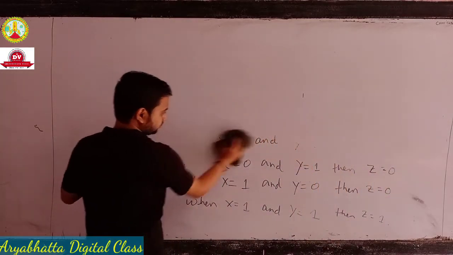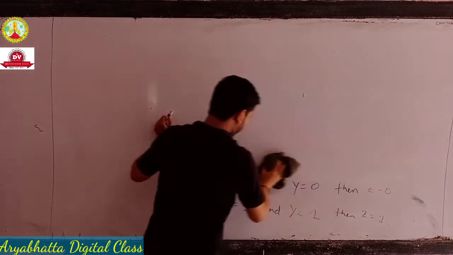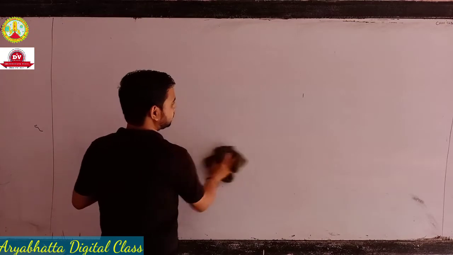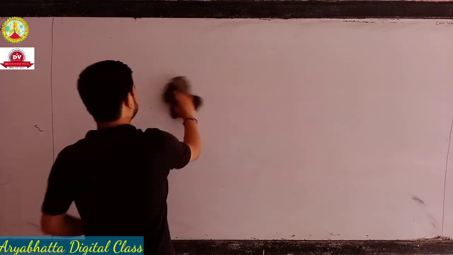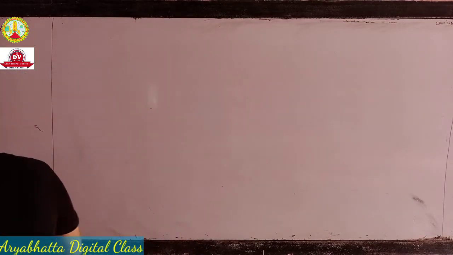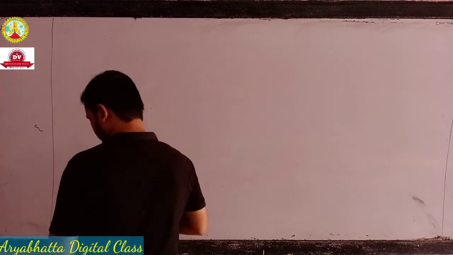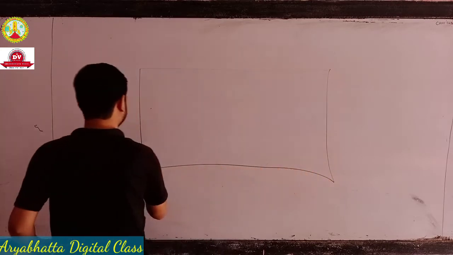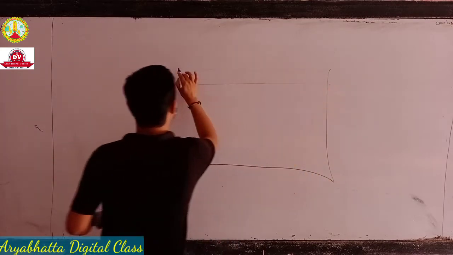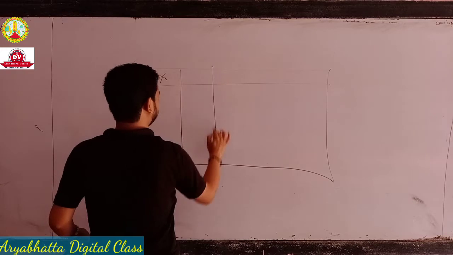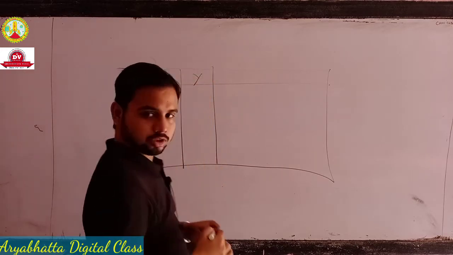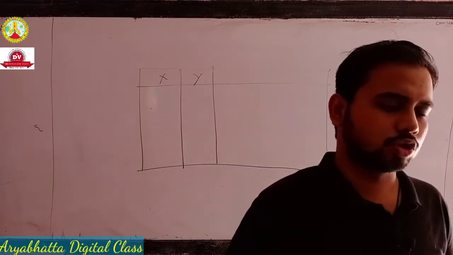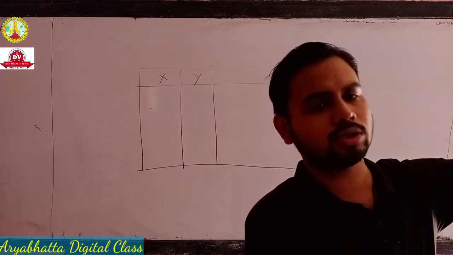So, in the truth table, which variables do we take? X, y and z. The input variables are x and y, meaning 2 variables. And for 2 variables, I already taught you, 2 to the power 2 is equal to 4, meaning 4 steps.